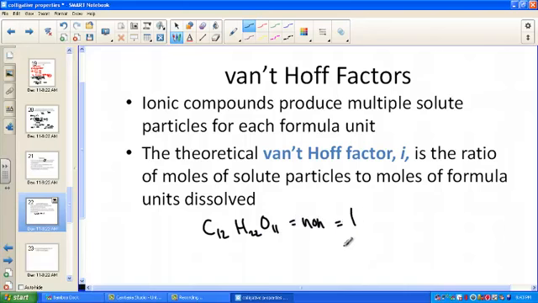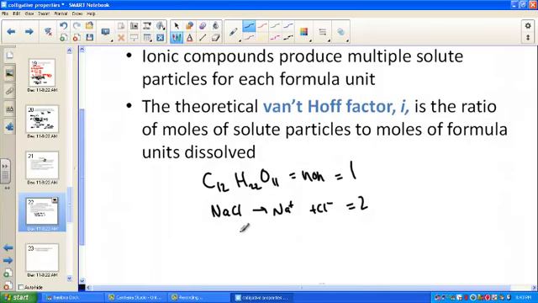It does not dissociate, van 't Hoff factor of 1. If I sprinkle just ordinary table salt, notice how it dissociates. 2 particles come out, a van 't Hoff factor of 2. If I take rock salt, which is what we traditionally put on our sidewalks and driveways, it dissociates to give me 3 total particles, a van 't Hoff factor of 3.